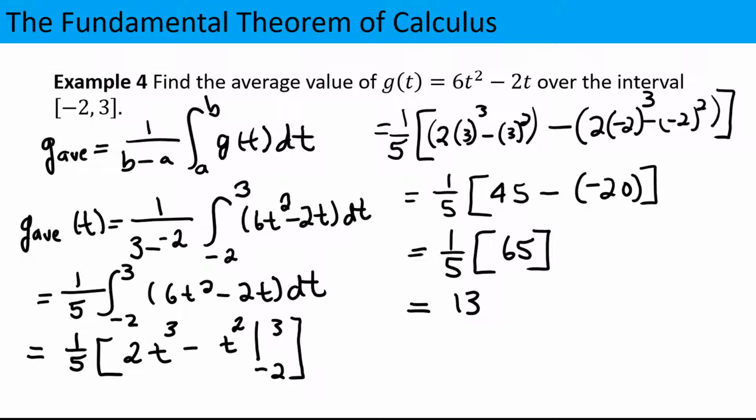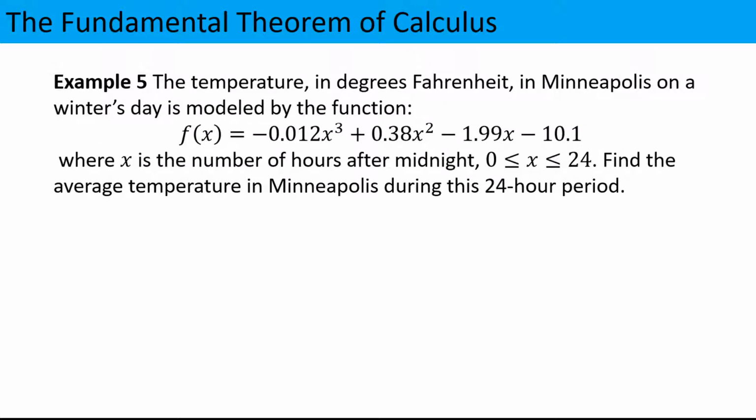The temperature in degrees Fahrenheit in Minneapolis on a winter's day is modeled by the function f of x equals negative 0.12x cubed plus 0.38x squared minus 1.99x minus 10.1, where x is the number of hours after midnight and x is between 0 and 24. Find the average temperature in Minneapolis during this 24-hour period.